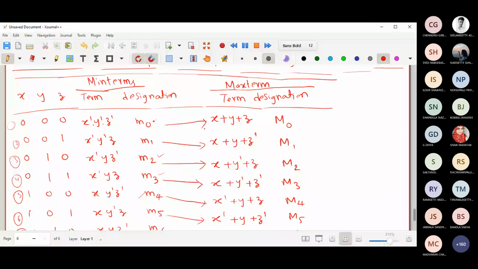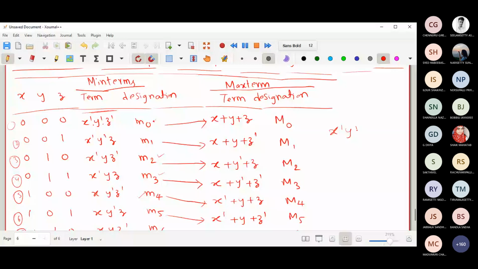Suppose how can I get the max term for 0? 0 in min term form is x bar, y bar, z bar. In max term form, that is x plus y plus z. How does it come? By applying the complement for the min term. Apply the whole complement: x bar y bar z bar, whole bar.